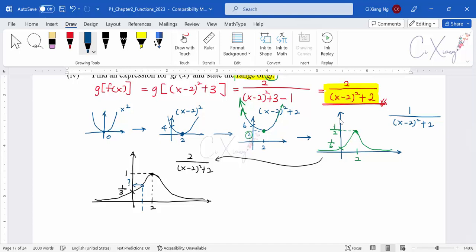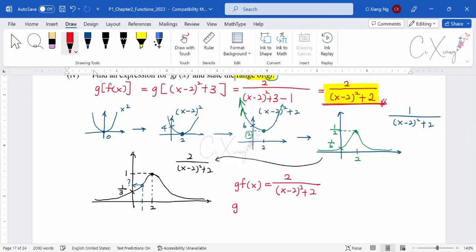Okay, so it's this value here when x equals 1. So we need to do a little bit of calculation actually. Alright, so how can we do the calculation here? Okay, so I need to get my gf(x). So I know that my gf(x) equals 2 divided by (x minus 2) square plus 2.